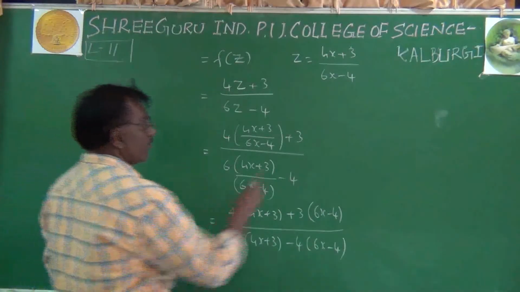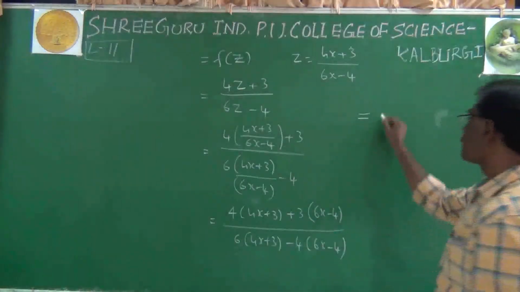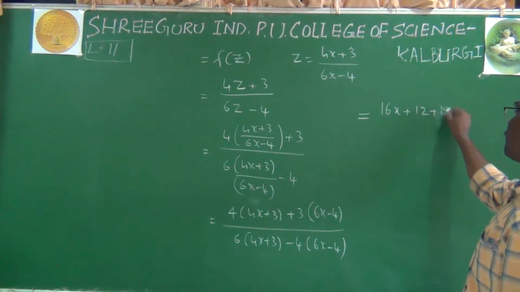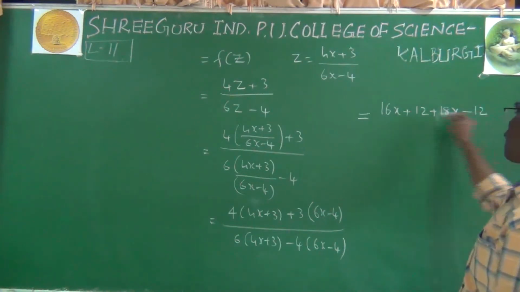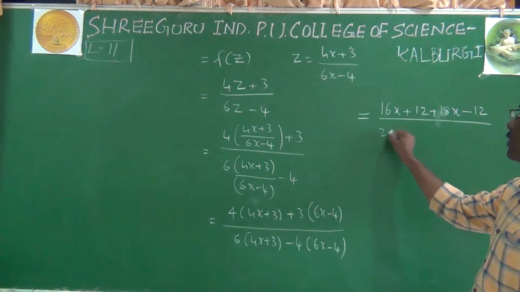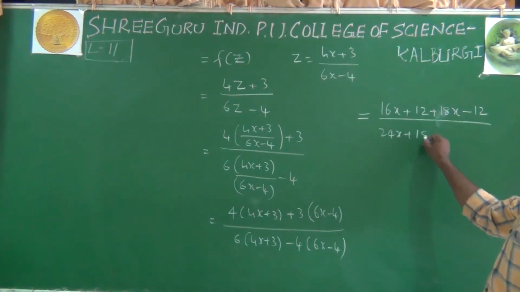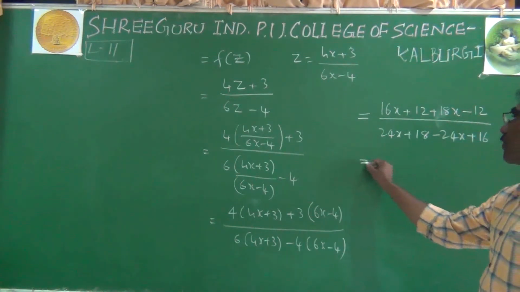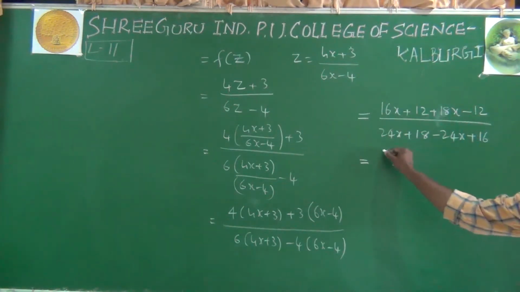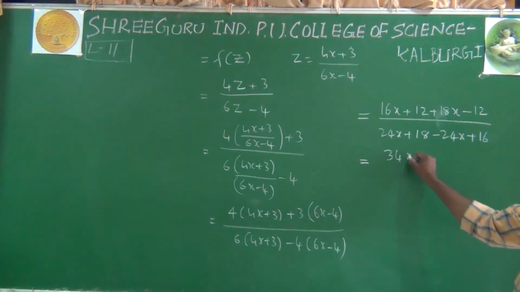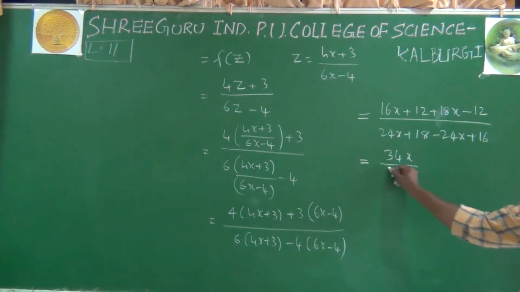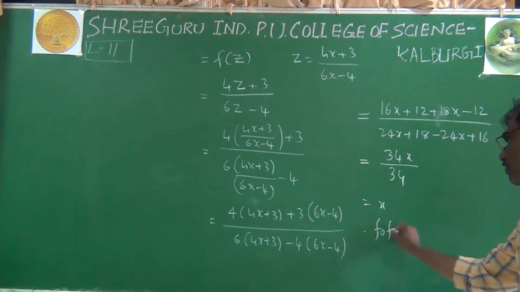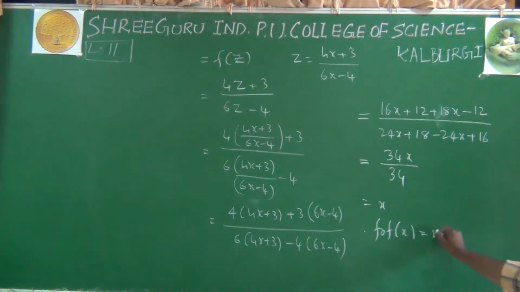That equals 16x plus 12 plus 18x minus 12, divided by 24x plus 18 minus 24x plus 16. The 12s cancel, giving 34x divided by 34, so this is x. Therefore f composition f of x is equal to x.